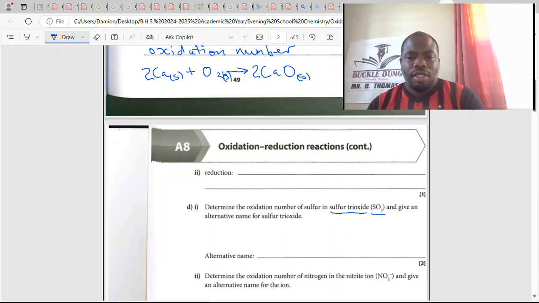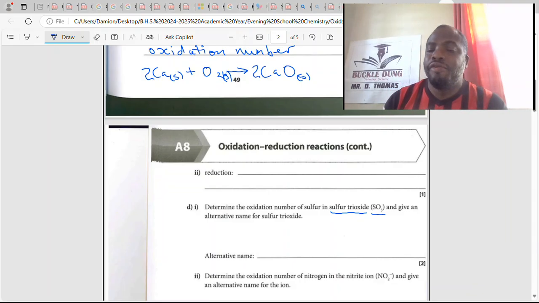Covalent. Wonderful. And again, to quickly know the difference, look at the first element. It's not a metal. So more than likely, we're looking on the covalent side. Look at the second element, also not a metal. But there's another way.